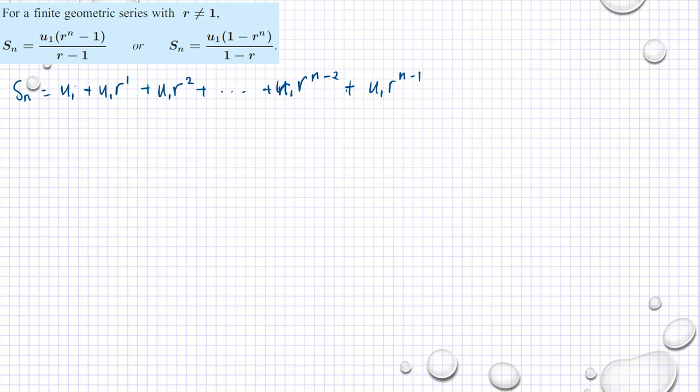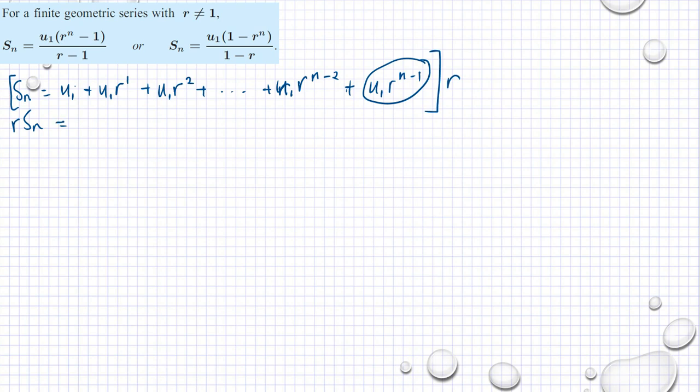That is our n minus 1. This is our u sub n. Okay? But if I'm going to multiply both sides of the equation by r, we have r s sub n.